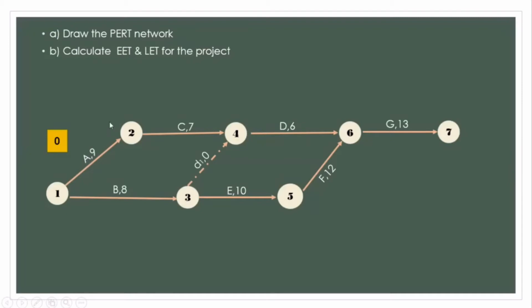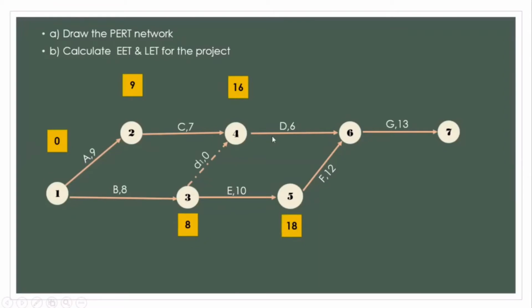For the EET, we need to add all the numbers. For event 1 to 2, I'm going to add 0 plus 9 equal to 9, and then for event 3, 0 plus 8 equal to 8. For event 4, 9 plus 7 equal to 16. For event 5, 8 plus 10 equal to 18.